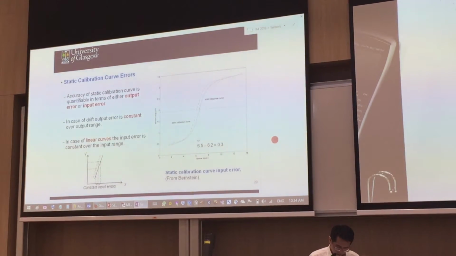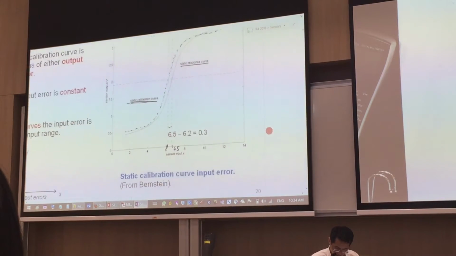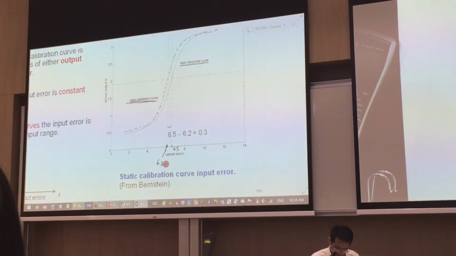So let's do an example for this static calibration curve. There's this part here that is the error. So you can see that again you have the static response curve and then the static calibration curve. The static calibration curve would be this one over here, the one that's dark. So in between them, on the x-axis or the sensor input, this one is about 6.5 and that one is about 6.2.